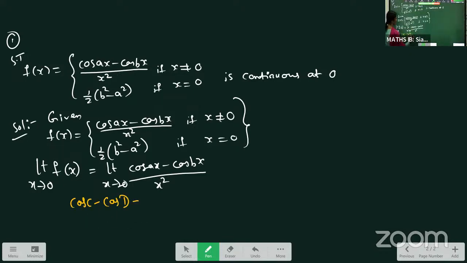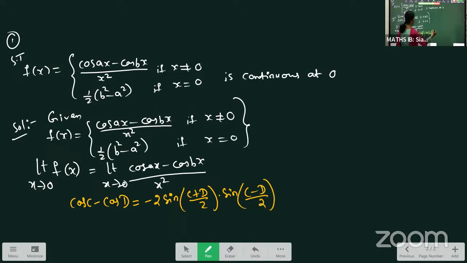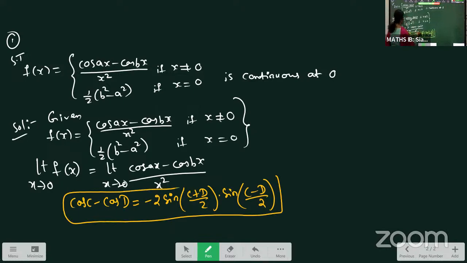What is cos C minus cos D? It is minus 2 sin C plus D by 2 into sin C minus D by 2. By applying this formula, we have to simplify the question. Cos C minus cos D is equals to minus 2 sin C plus D by 2 into sin C minus D by 2.